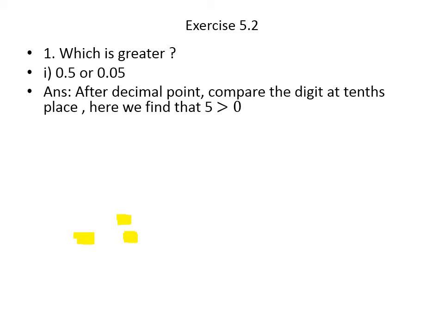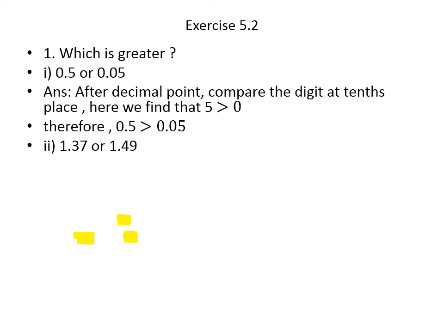Here in the first number the digit at the 10th place is 5, and in the second number the digit at the 10th place is 0. We know that 5 is greater than 0, and hence therefore 0.5 is greater than 0.05.